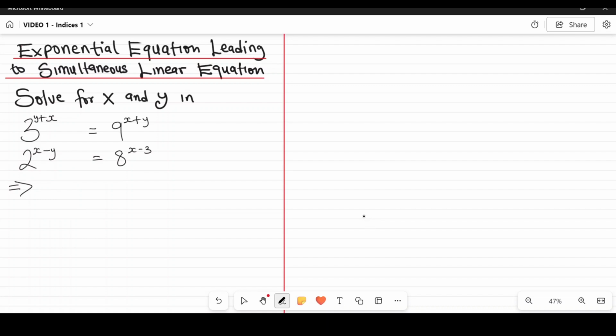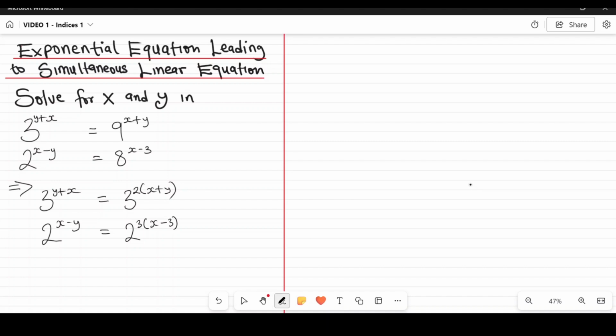So this can be written as 3 raised to the power of y plus x equal to 3 raised to the power of 2x plus y, and 2 raised to the power of x minus y equal to 2 raised to the power of 3x minus 3, all enclosed in a bracket. From our right hand side, we have to simplify the index. On doing that, we are going to multiply and open up the bracket.